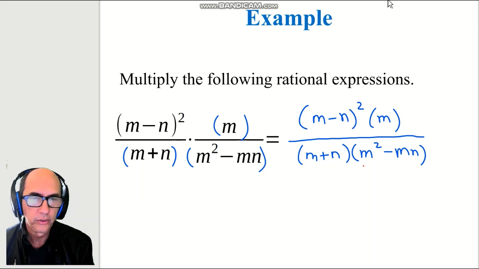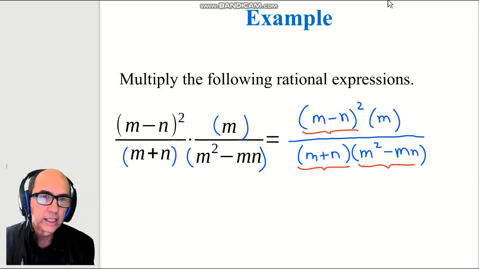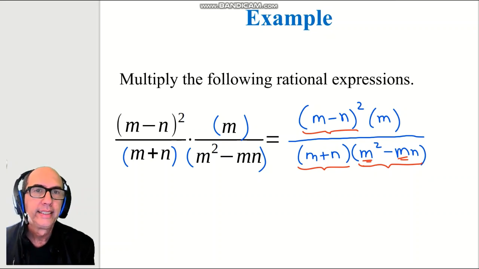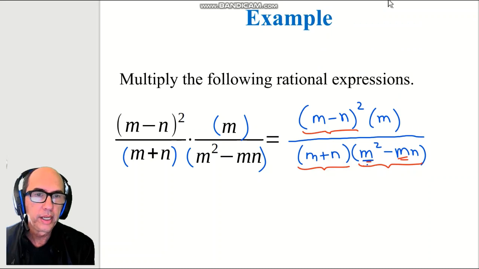We cannot factor this anymore. This is also in the simplest form, but this expression here we can factor a little bit because we have m squared, we have m. M is going to be a greatest common factor between these two terms, right?